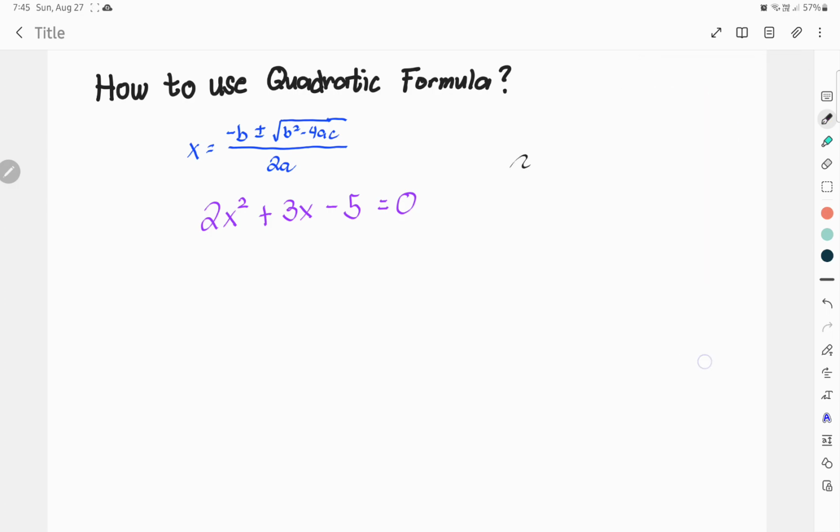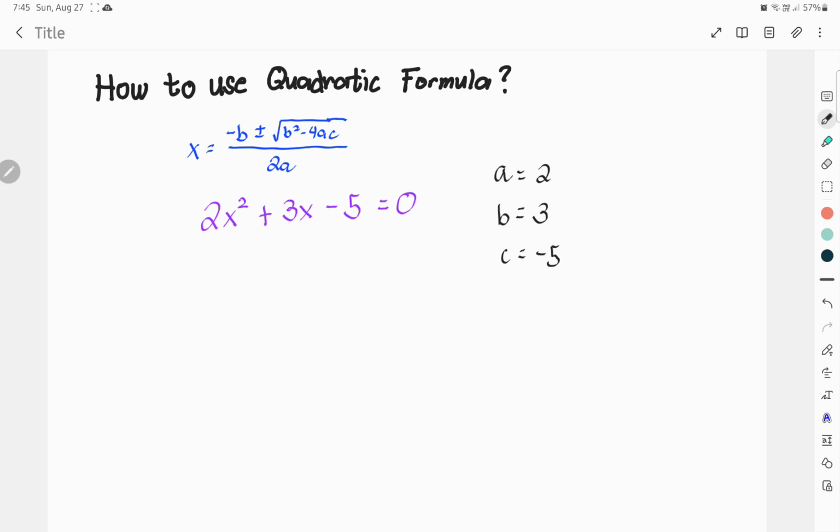You need to identify the value of your leading coefficient, which is a, the value of b, which is the numerical coefficient of x, and c, which is your constant. In this equation, we have 2 as your leading coefficient, 3 as the numerical coefficient of x, and negative 5 as your constant.